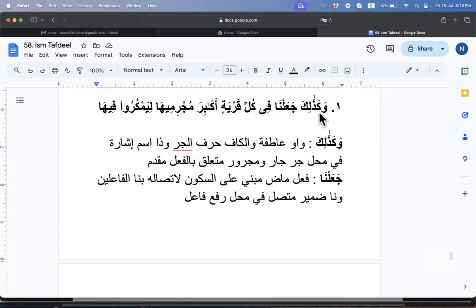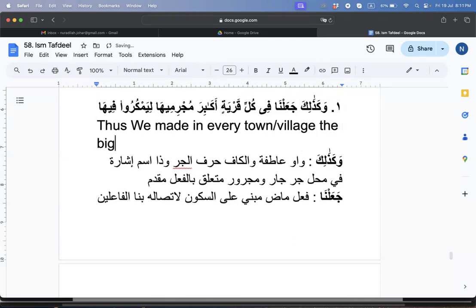Okay, so let's translate this and then you see how you translate this lam. Can you translate from wakadhalik? So thus we made in every town or village the biggest, akabira, the biggest of its mujrimi.